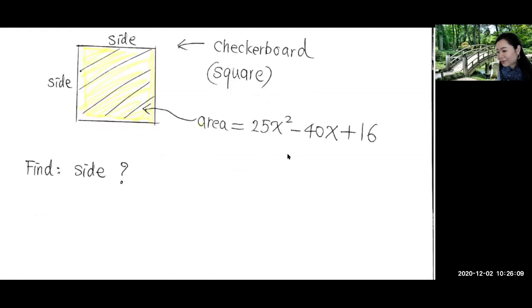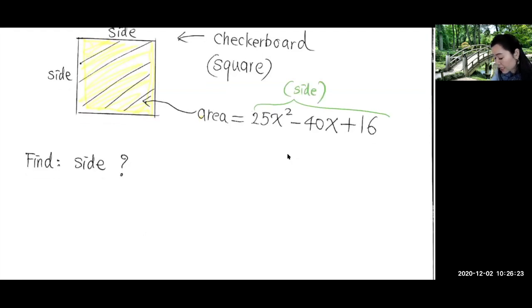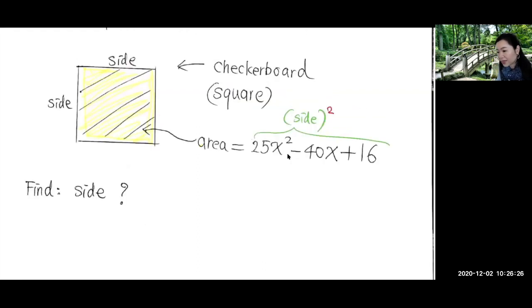For the area of a square, the area is going to be the side squared. When you square the side, you get the area for this square right here. So the question over here is they ask you to find the side for the checkerboard.